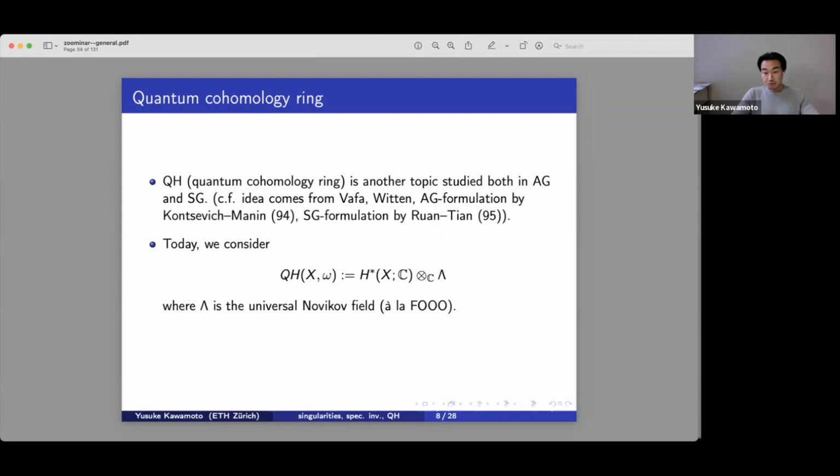Today we're going to define it as cohomology with a special coefficient field called the Universal Novikov field, which we see often in Floer theory.